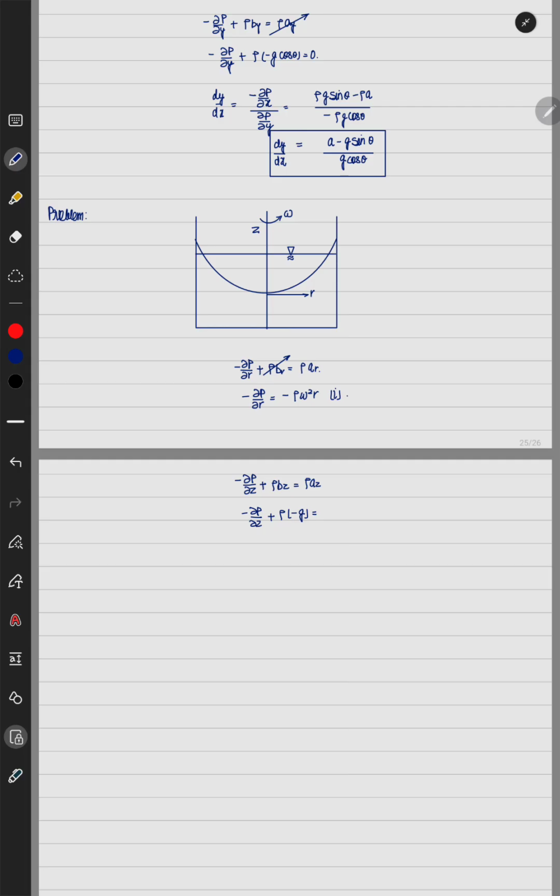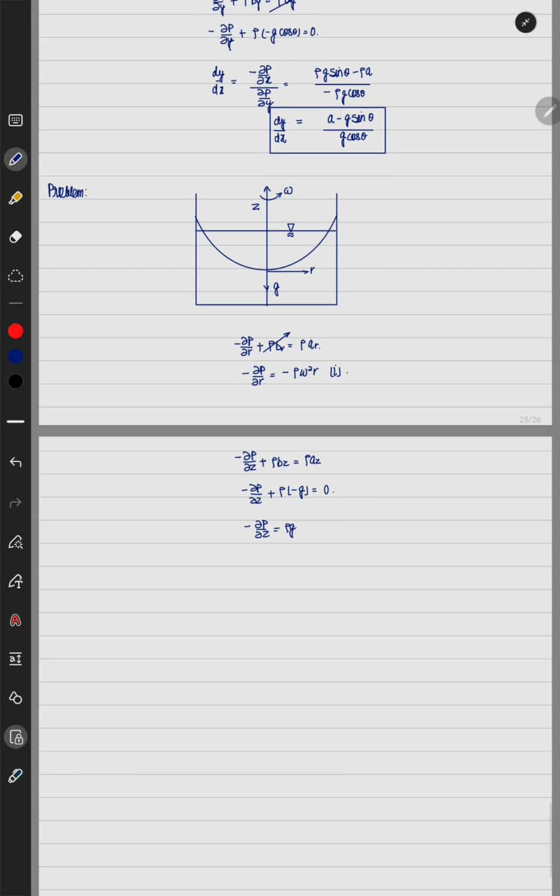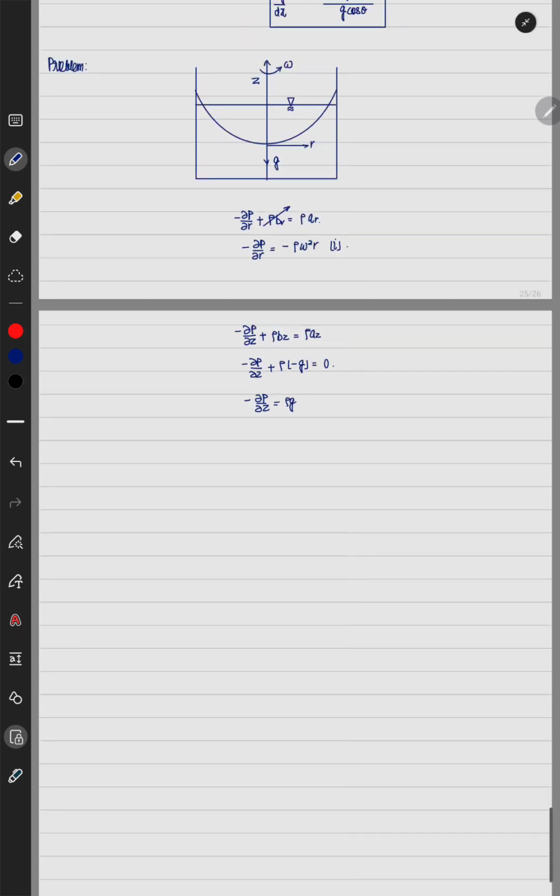This is equal to acceleration in z direction, which is 0 because there is no acceleration in z direction. Minus del p by del z is equal to rho into g. Note that g is positive in negative z direction. The g is in the downward direction and z is in the upward direction. So that is why I have taken body force per unit mass bz to be minus g.